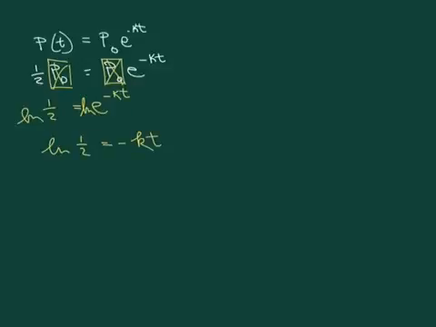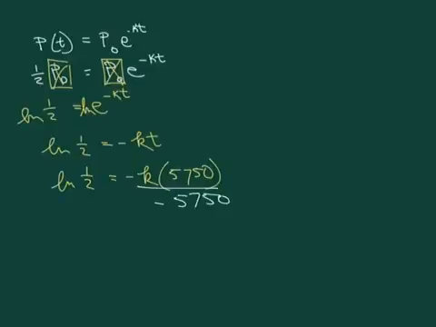Okay? But what is our t? Our t is 5,750. So let's keep going here. Let's divide by negative 5,750, so that goes away, that goes away.